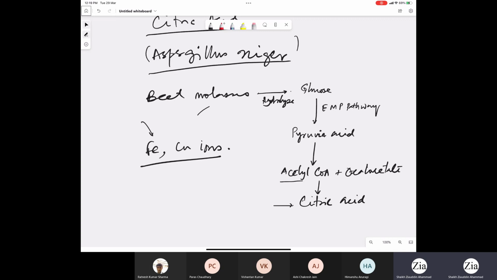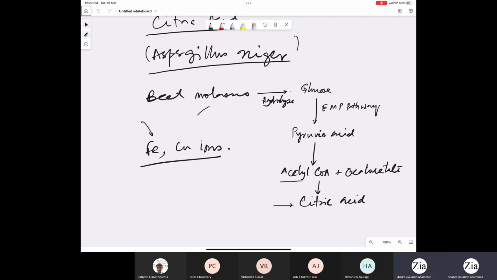So while making the reactor, you have to make sure the reactor is properly glass lined, and typical blue glass cannot be used for this purpose, because blue glass has a lot of nickel, and nickel will also get leached from the glass, and it can also interfere in the reaction. So either you have to use a nickel-free glass-lined reactor or a Teflon coated reactor, which will show inert behavior towards the chemical as well as biological substance, that is Aspergillus niger.